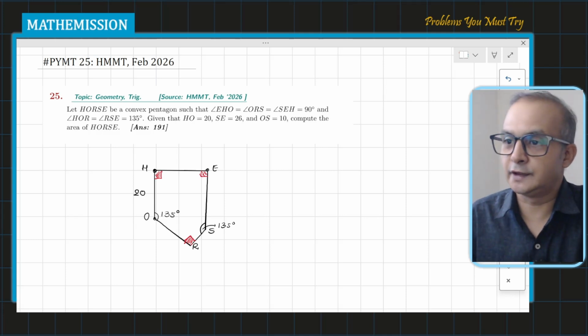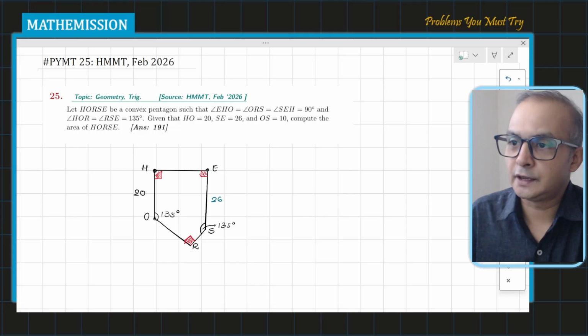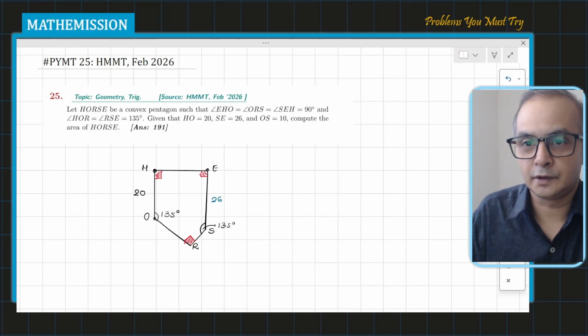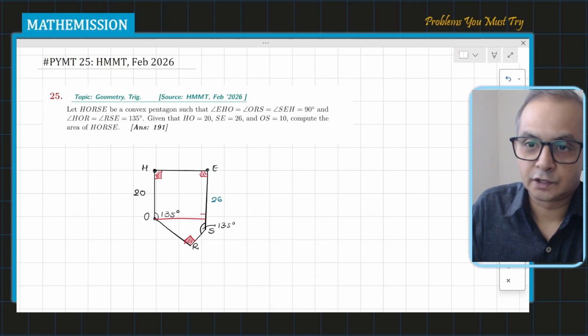Now we have to find the area of this pentagon, not a triangle. So how do we find it? It's not difficult because SE is 26 we already have. What we are going to do is draw a line parallel to HE, from O perpendicular to ES. This is again 90 degrees.